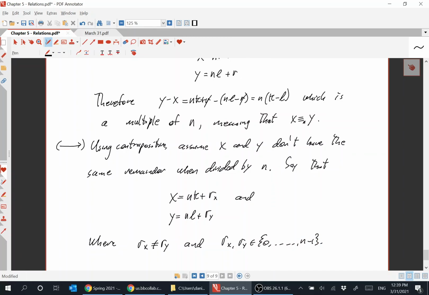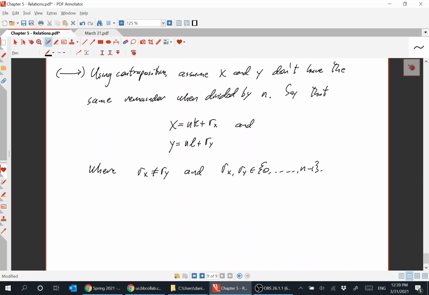Since they're not equal, one is smaller than the other. Either rx is less than ry, or ry is less than rx.